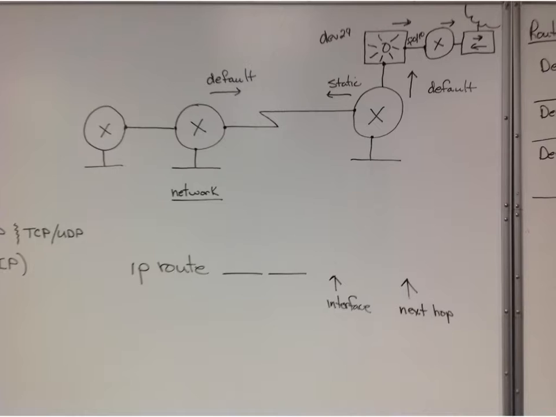Talked about a route, IP route, network, mask, what interface we're going to, next stop. That would be a fully qualified route, okay? And we overemphasized default, typically going out, in this case going out to the internet, to this network, and then a static route back in.